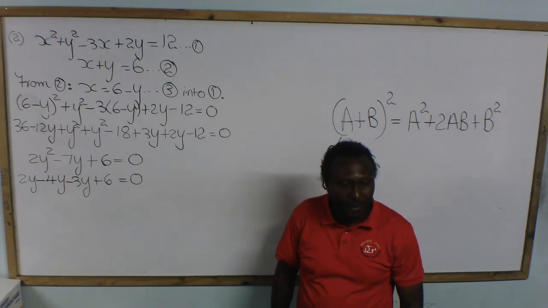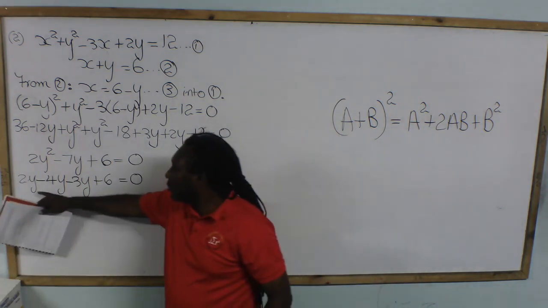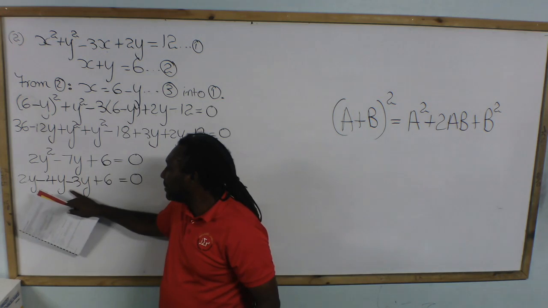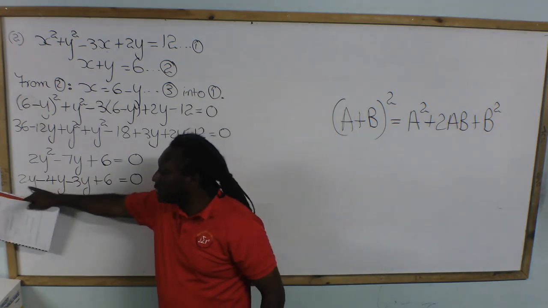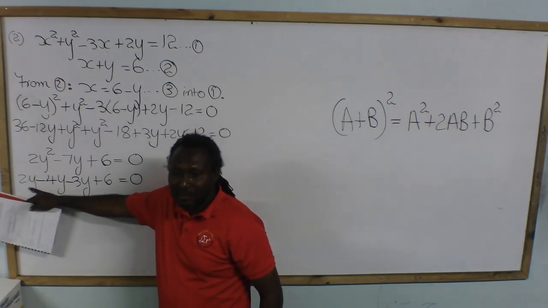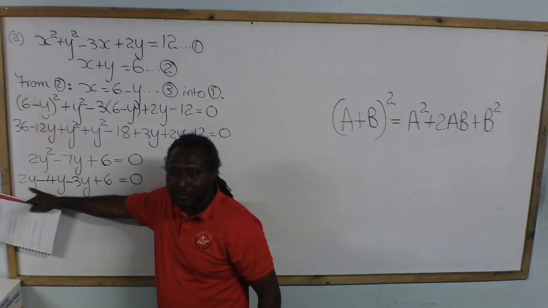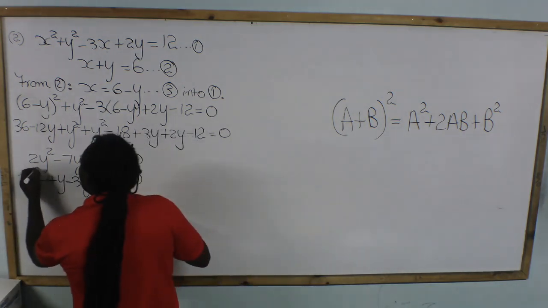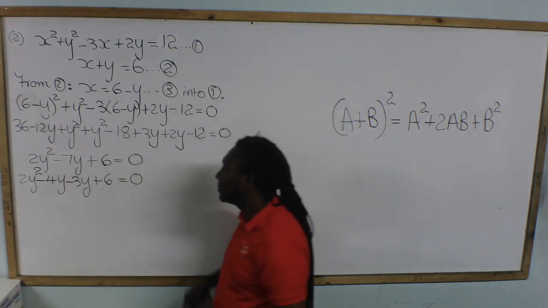So we have 2y minus 4y. This should be 2y squared. Speak up.